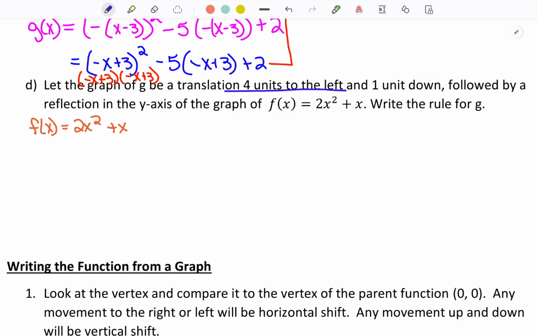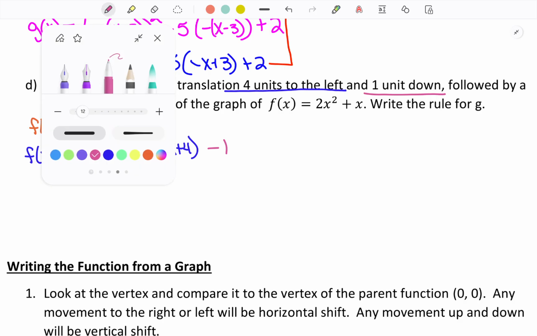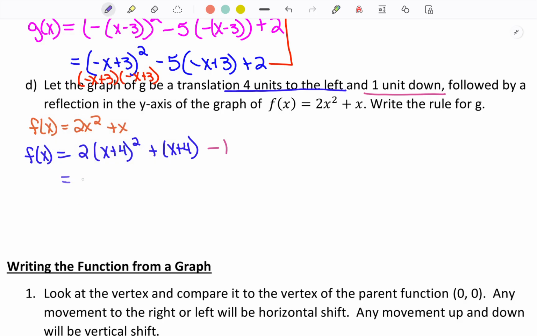So we're going to add 4 to both of these x's. So we have 2 times (x plus 4) squared plus (x plus 4). And then we're going to go 1 unit down. So that's going to get tacked on to the end. So minus 1. And then it's followed by a reflection in the y-axis again.